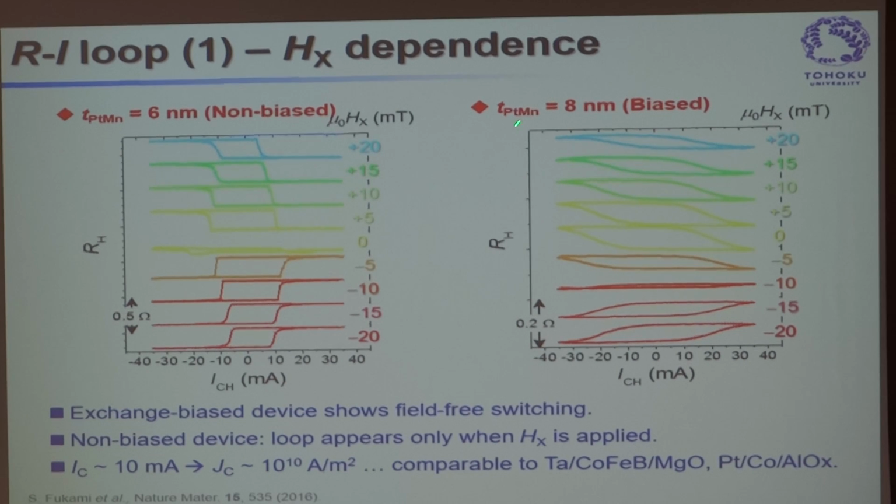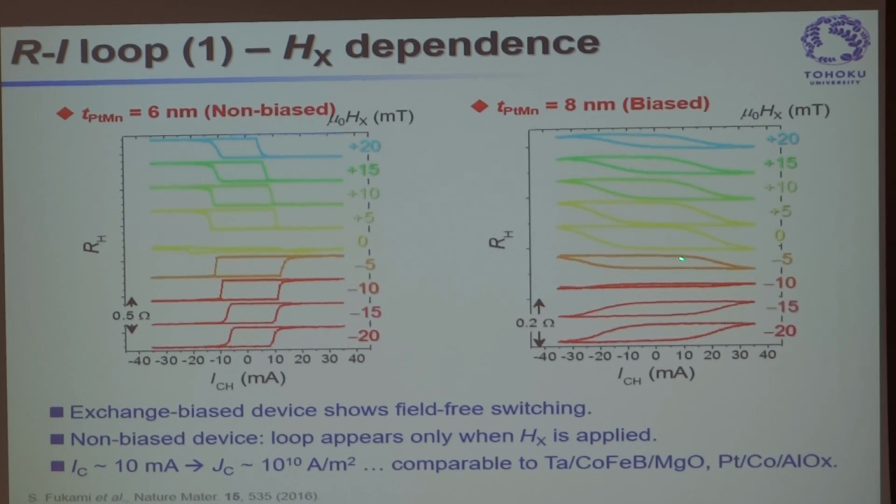But with the 8 nanometer stack, we can see a nice switching characteristic, although it's very difficult to see in yellow. And we need to compensate exactly the exchange bias that we see in the system in order to get to this non-switching mode. So this is a measure of the exchange bias that we have.